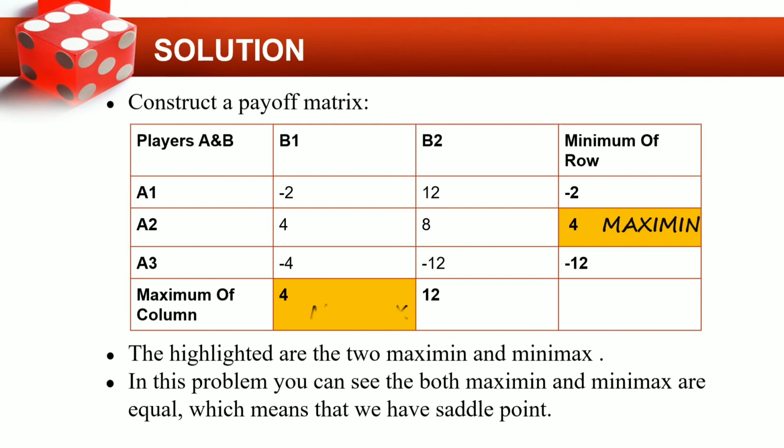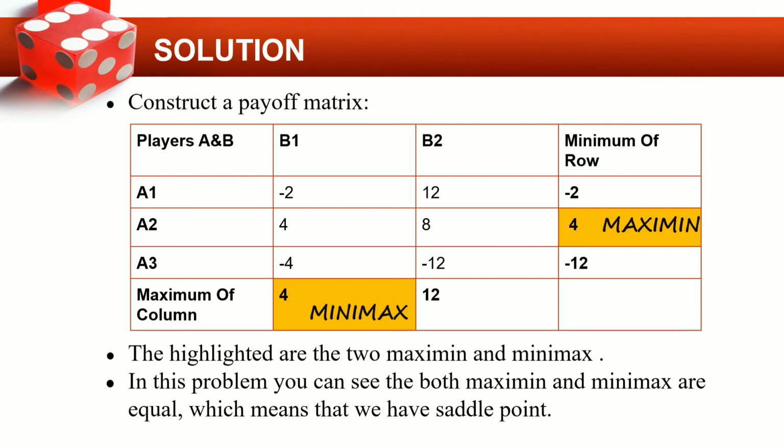So these are the principles that we just used. For player A, we are using Maximin, that is, we are trying to maximize the minimum profit. For player B, we are using Minimax, wherein we are trying to minimize the maximum loss.